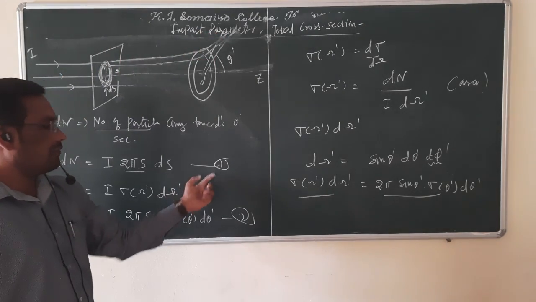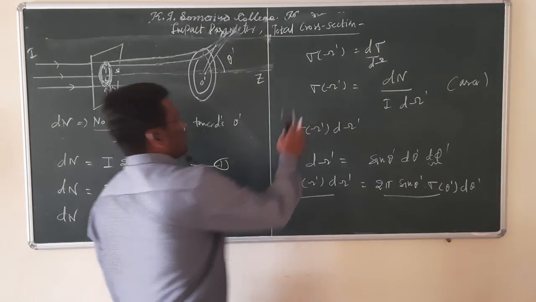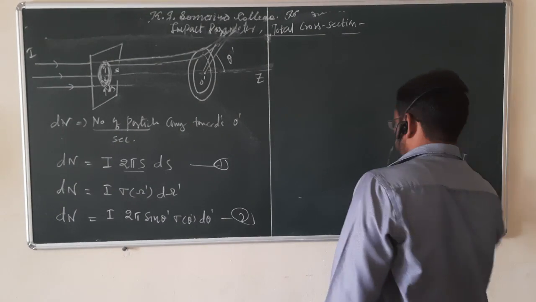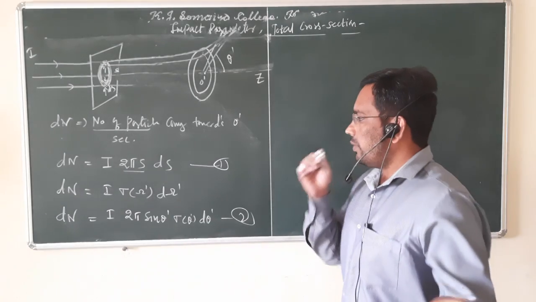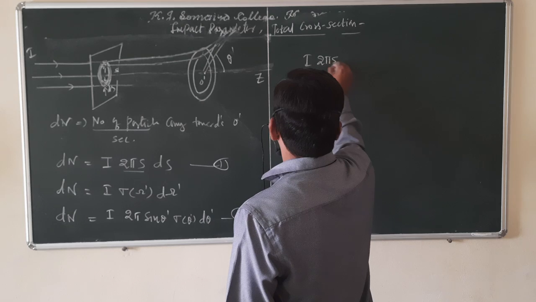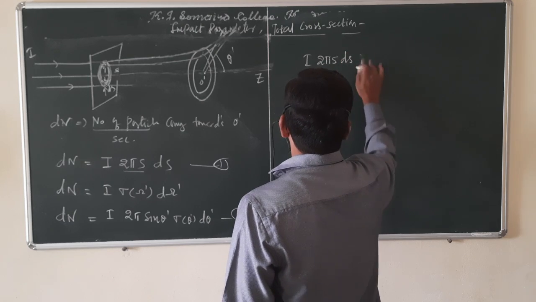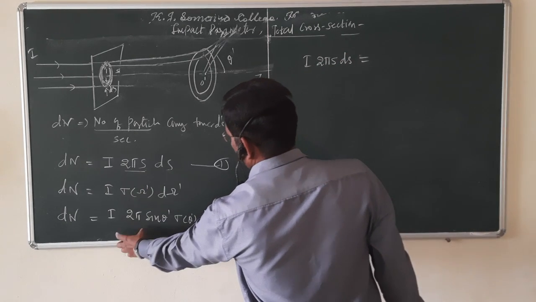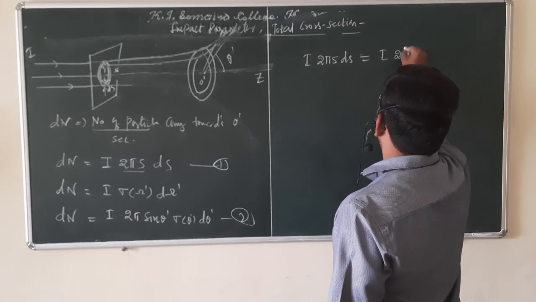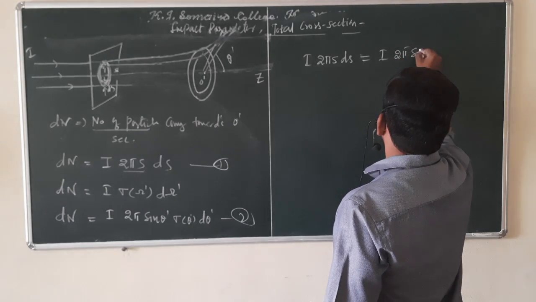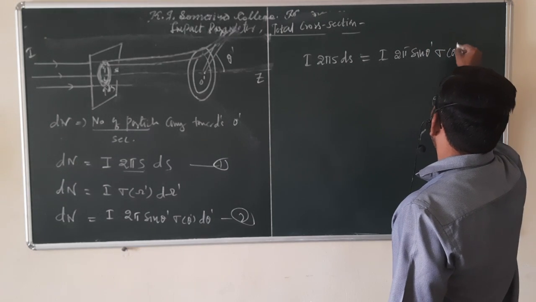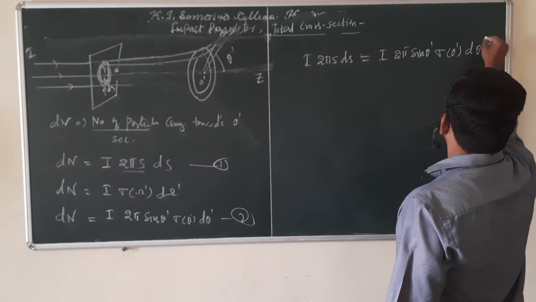So we can equate equation 1 and 2. Then you will get I into 2 pi s ds is equal to, on the right hand side, I into 2 pi sine theta dash sigma theta dash d theta dash.